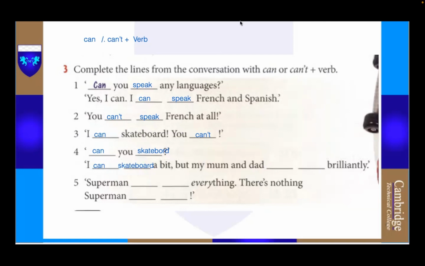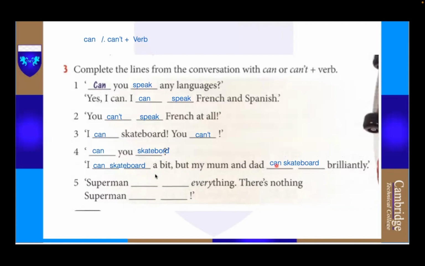Look, we have brilliantly يعني بشكل رائع. So here I can skateboard a bit. يعني بس يعني ممكن بعمل skateboarding لكن mom and dad بعمل تزحلق بس يعني can skateboard. I can, yes, very good. My mom and dad can skateboard brilliantly. Brilliantly يعني بشكل رائع.